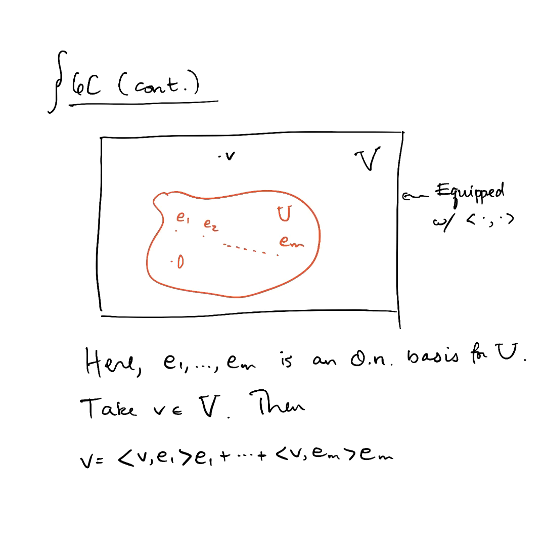Now, there is no reason to believe that we are done writing this expression down. After all, look at our picture. If we were done writing that expression and that were literally an equal sign, then we would have v written as a combination of E1 through EM, which means v would belong to the red blob U, which in our drawing it clearly doesn't. So you have to balance the books here. But I think it's fair to say this.